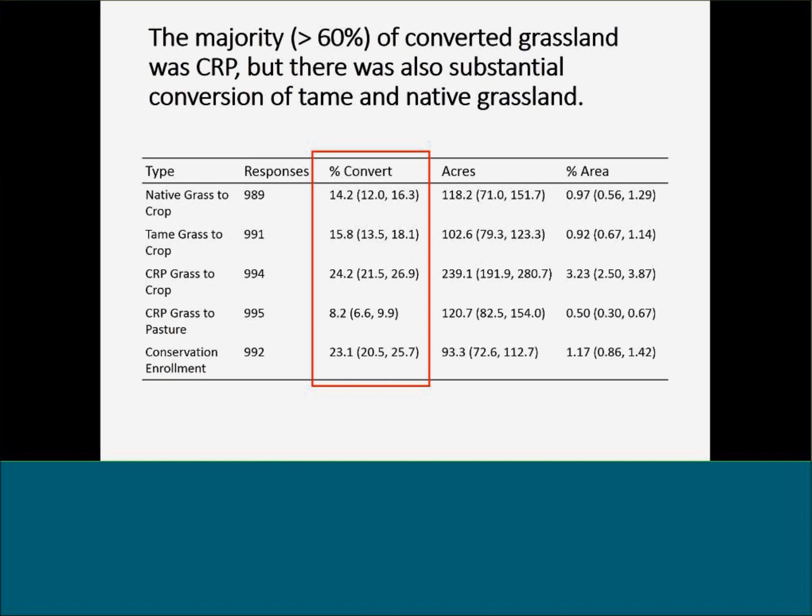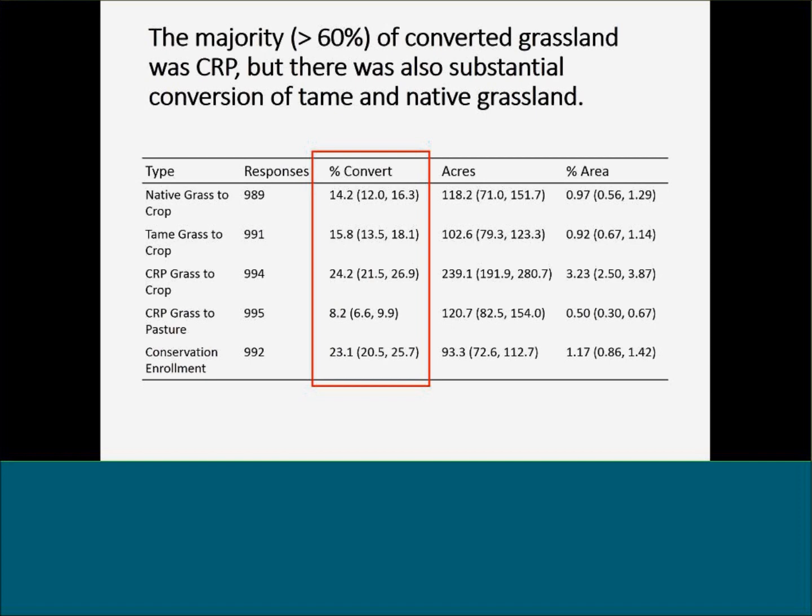But the percentage of farm operators who are converting is actually not incredibly high. We're down here at 14, 15% for native and tame grass, about 25%, 24% for CRP grass to crop, and then pretty low for grass to pasture conversion, and then about 25% with new conservation enrollment.